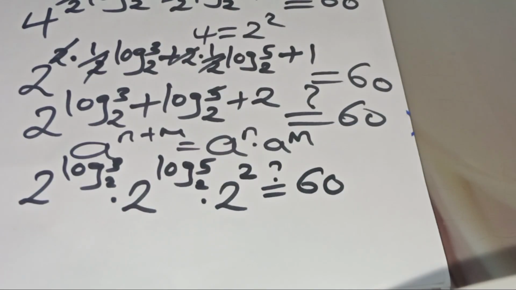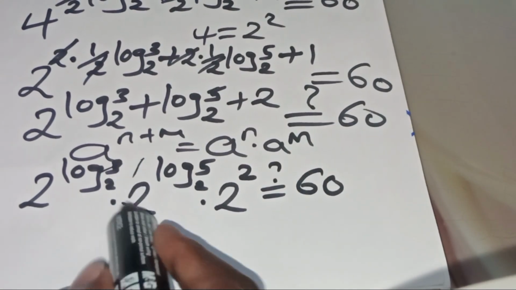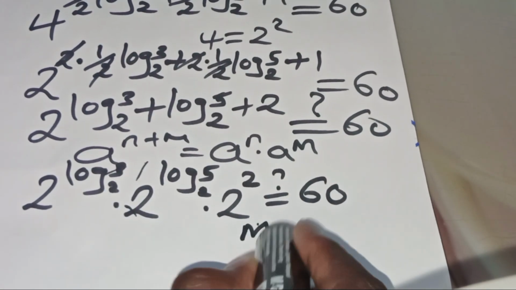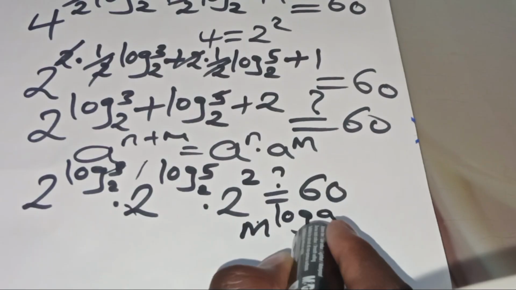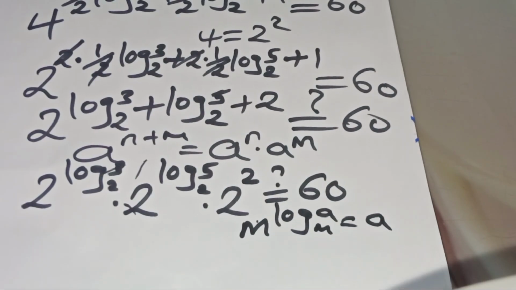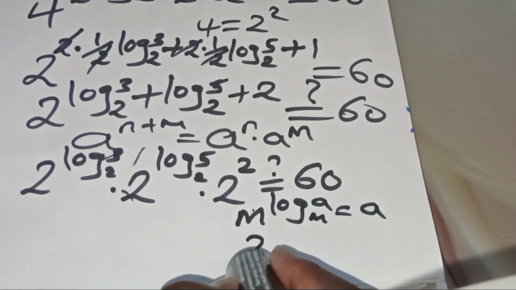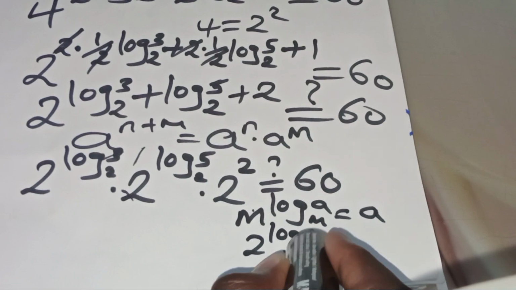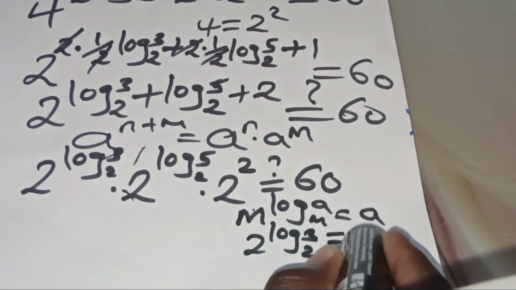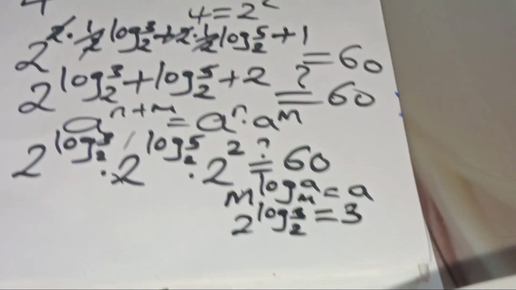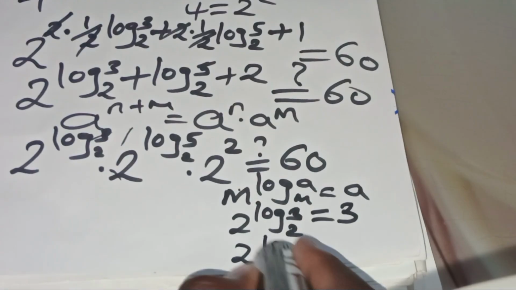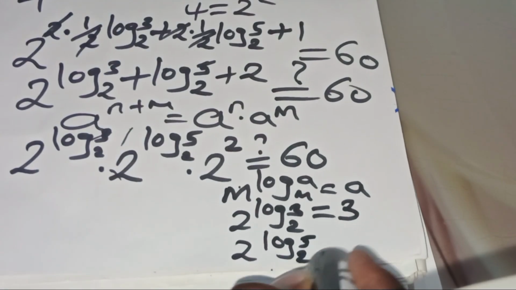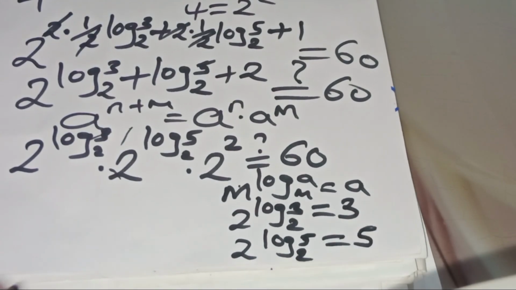Let's check if this is true. Now 2 to power log 3 to base 2, this is in the form of m to power log a to base m, which is essentially equal to a. Now that means that 2 to power log 3 to base 2 is essentially equal to 3. And 2 to power log 5 to base 2 is equal to 5, okay?